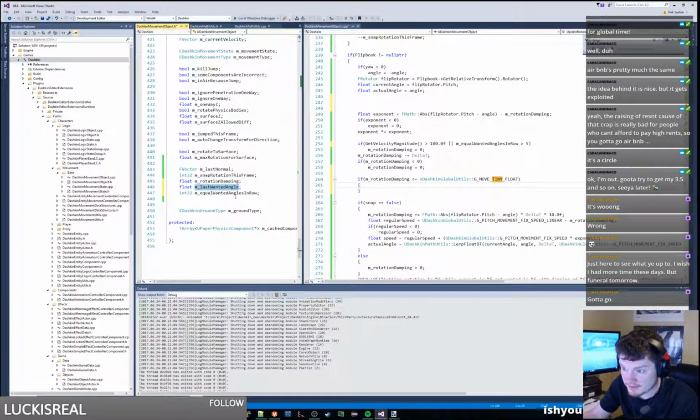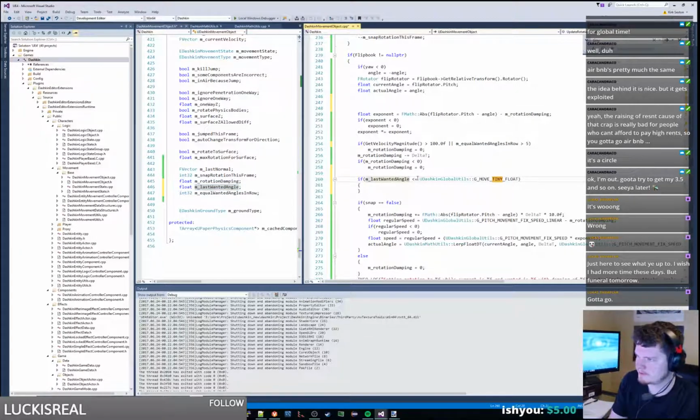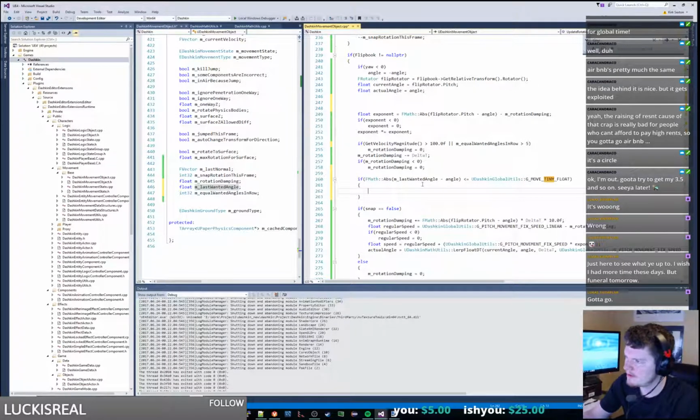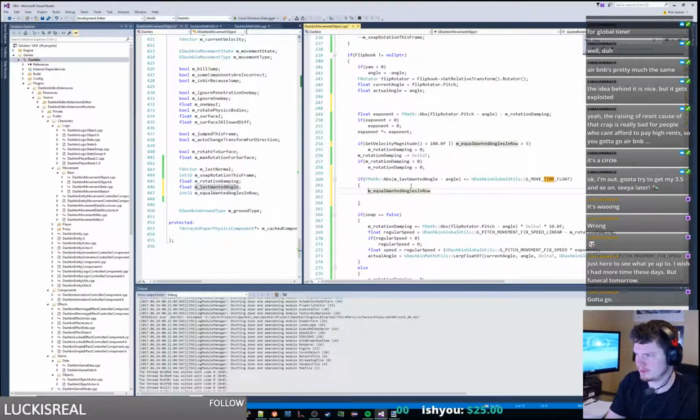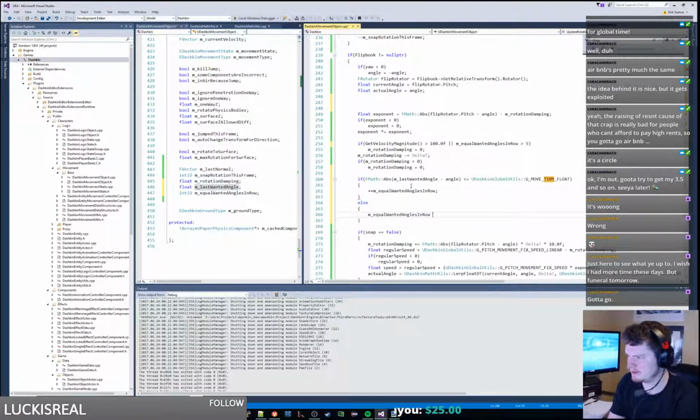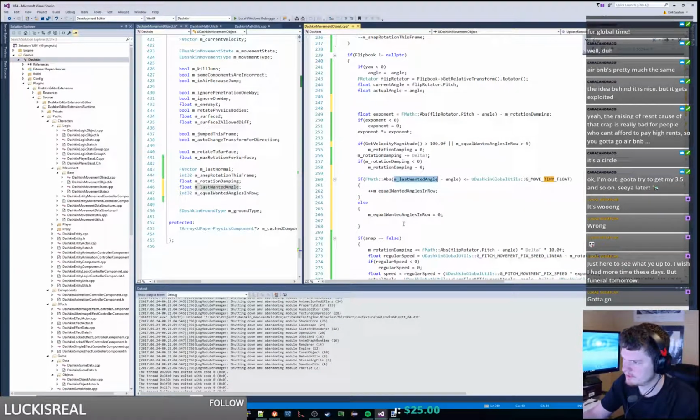Let me see, it's basically like if the last wanted angle, fmap absolute value of the last wanted angle minus the current angle is less than tiny float, then equal wanted angles in row should be incremented. Otherwise, the equal wanted angles in row equals 0, and the last wanted angle should be angle.